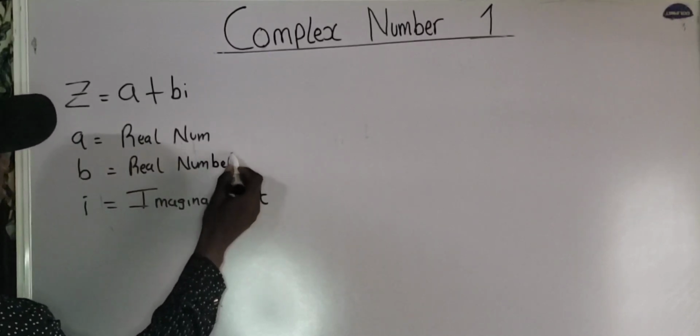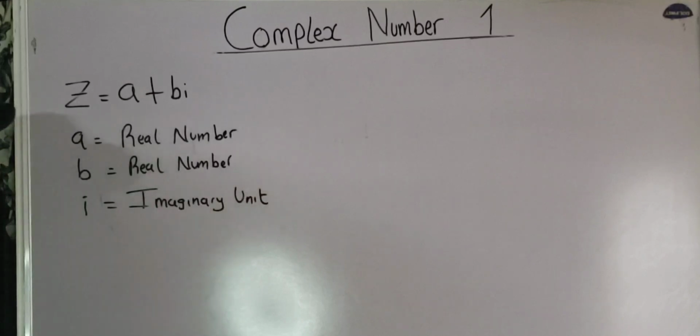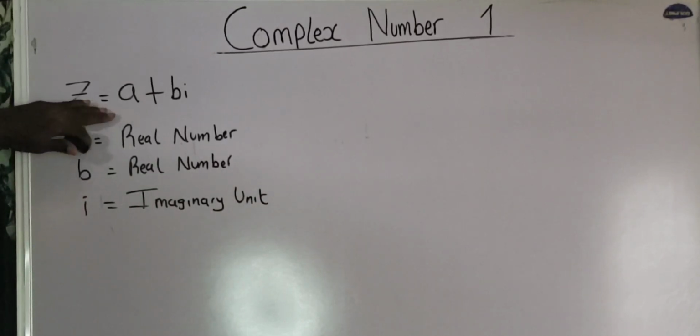Let me complete this. Do you understand? This is how a typical complex number looks like.